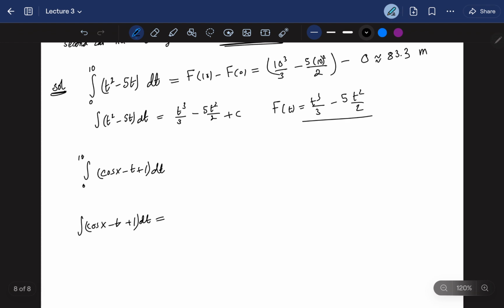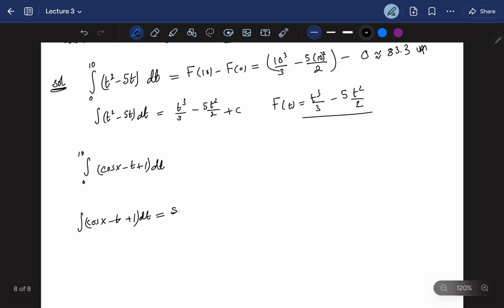Using the rules, this is just sine, so my antiderivative, this has to be t. You just take sine of t minus t squared over 2 plus t.